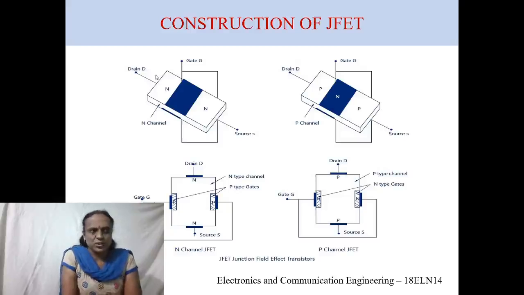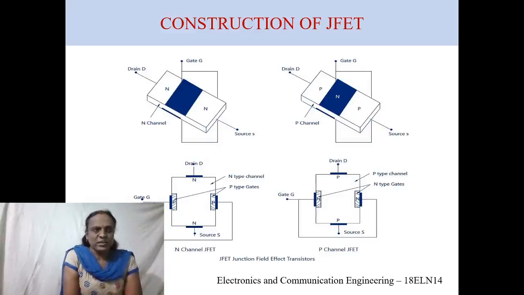Thus, the source and drain terminals are similar to the emitter and collector terminals respectively when compared with the BJT.